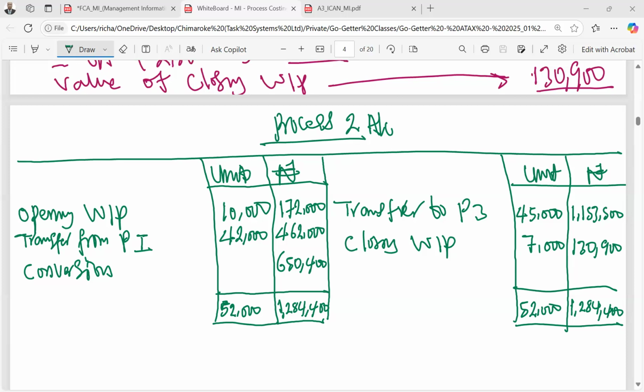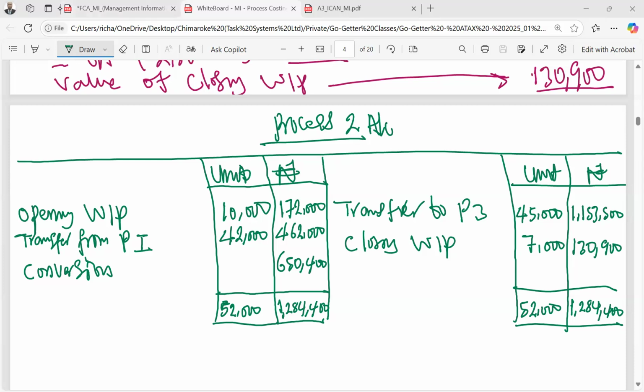We ended lecture number 1 preparing process 2 accounts using the FIFO method. Now we want to do the same thing using the average method.